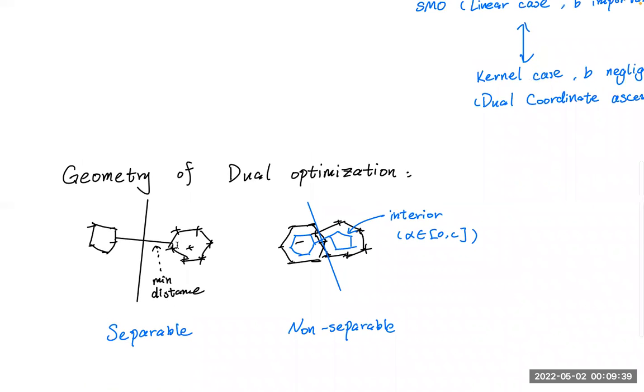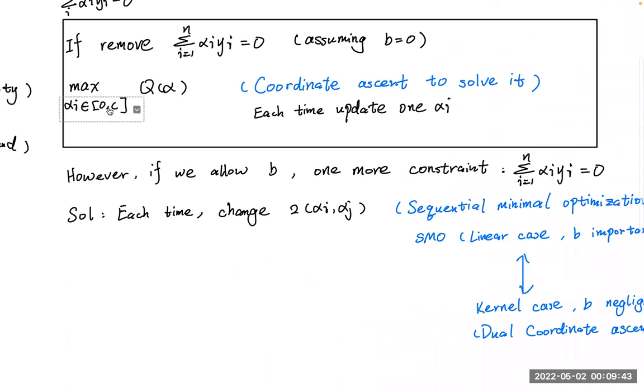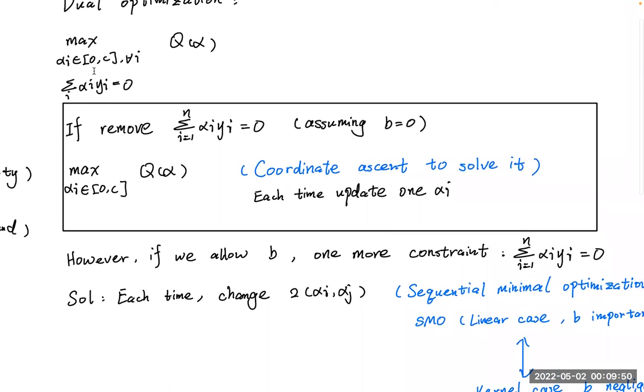In the non-separable case, alpha i is upper bounded by C. Remember that the constraint tells us the summation of alpha i for the positive examples is the same as the summation of alpha i for the negative examples.